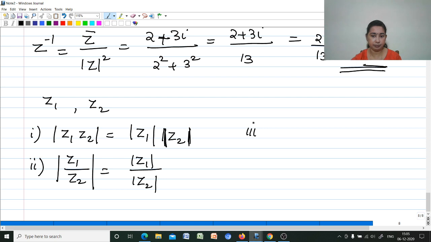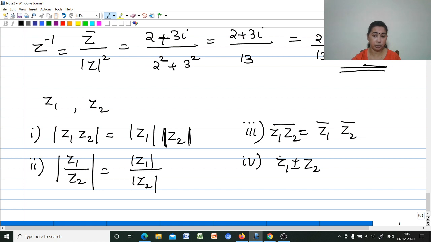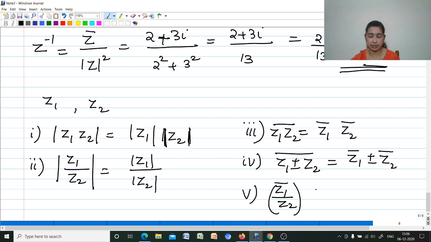And the third one, conjugate of z1 z2 is the same as z1 conjugate into z2 conjugate. Then the fourth one, conjugate of z1 plus or minus z2 is the same as z1 conjugate plus or minus z2 conjugate. Then one more, conjugate of z1 by z2 is the same as z1 conjugate divided by z2 conjugate, where z2 is not equal to 0.